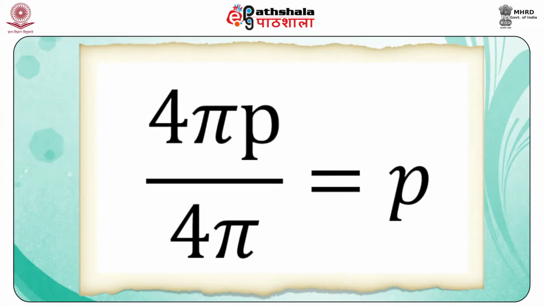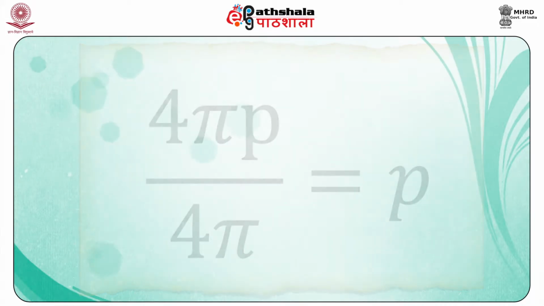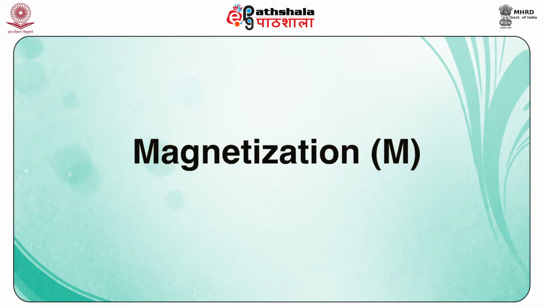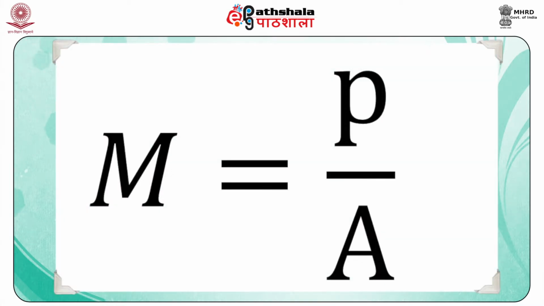The number of lines of force per centimeter square at the surface of the sphere is given by 4 pi p divided by 4 pi, which is equal to p. Magnetization: when a magnetizable material is placed in a magnetic field, it will become magnetized in the direction of the applied field.